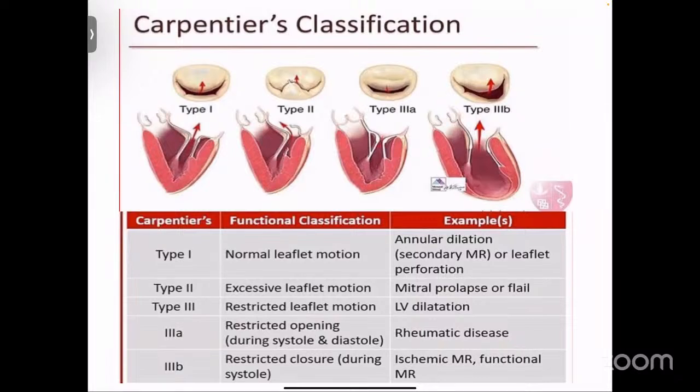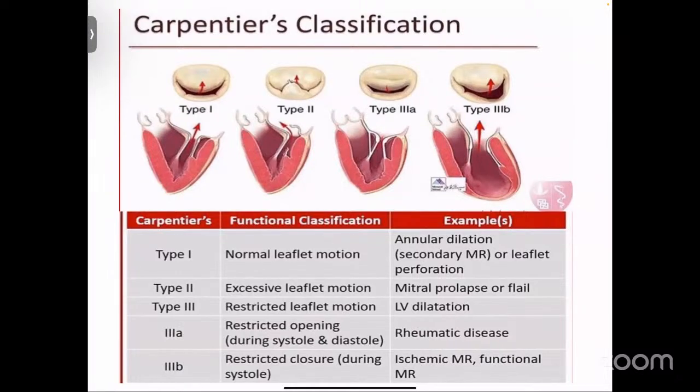Type 3 is characterized by a restricted leaflet motion, and type 3 is further subdivided into type 3a, where the restriction is during systole and diastole, and 3b, where the restriction occurs only during systole.